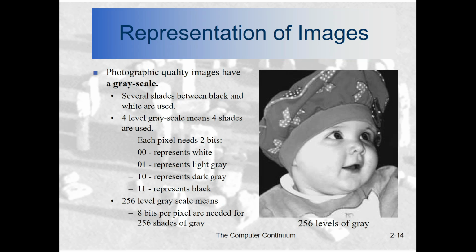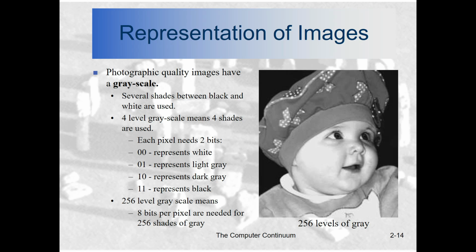Now again, a photographic quality image has grayscale. Several shades between black and white are used. For 4-level grayscale, 4 shades are used, so each pixel needs 2 bits. In order to improve the quality of the picture, we use grayscale, in which each single pixel has a different representation.